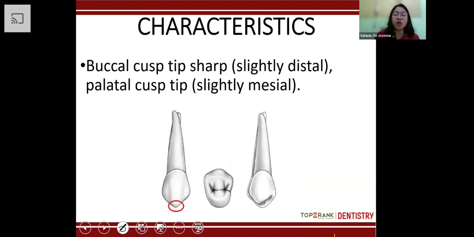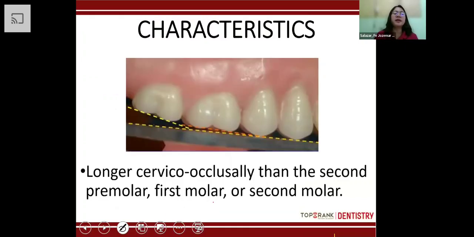Buccal cusp tip is sharp and it points to the distal. Palatal or lingual cusp tip points towards the mesial. Magkaiba sila ng direction. Okay? And so longer cervico-occlusally. Among your posteriors, the first premolar has the longest crown.